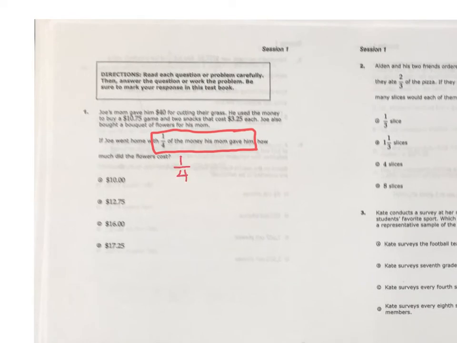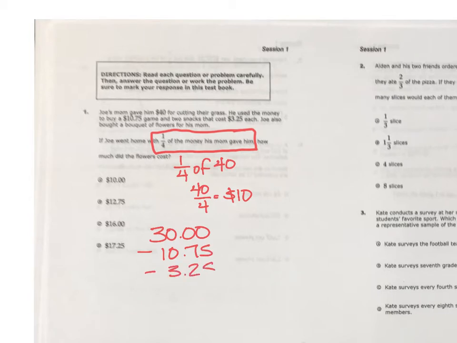So if we do 1/4 of $40, we're going to do 40 divided by 4, and he went home with $10. That means he spent 30. He bought a game and 2 snacks, and he's got $12.75 left over for the flowers.